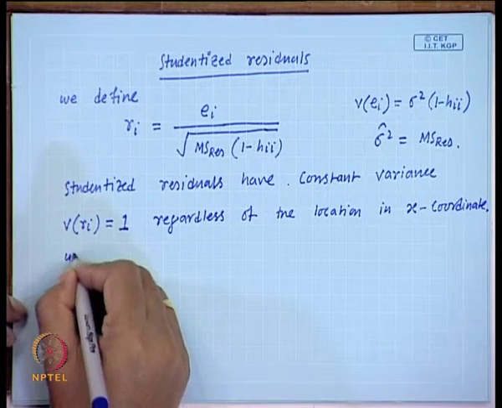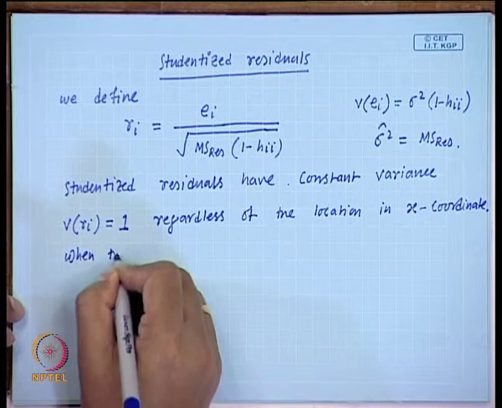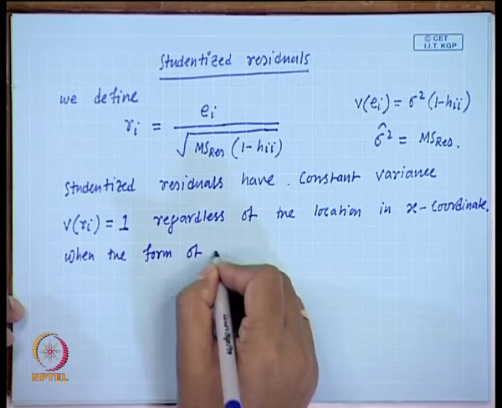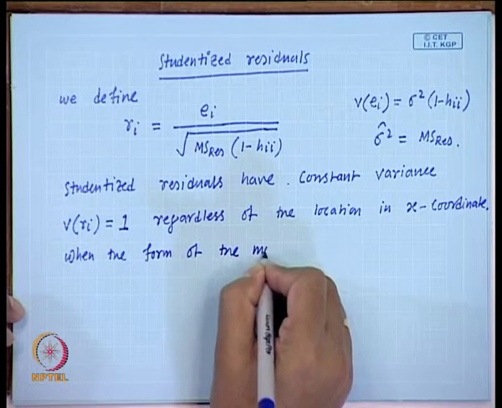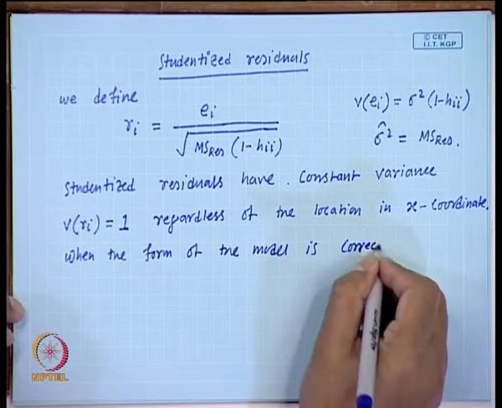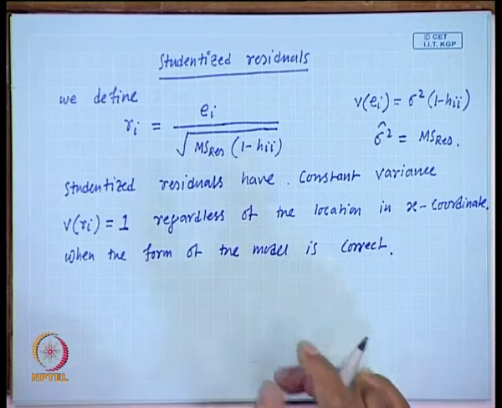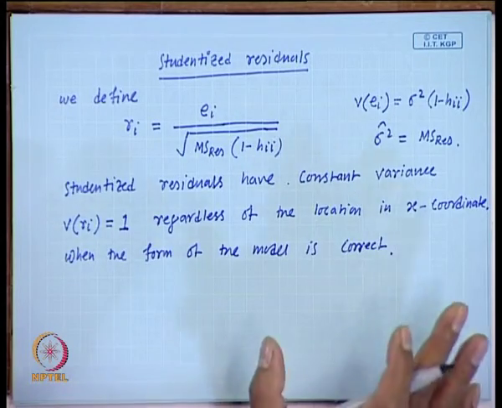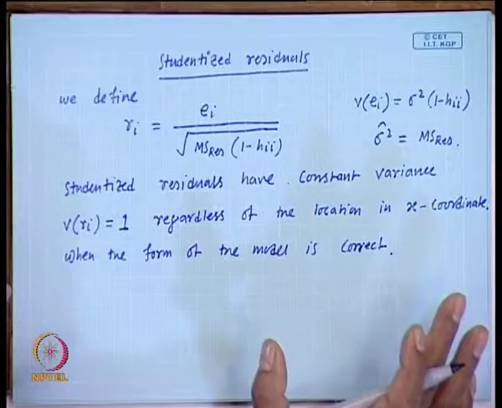Of course, when the form of the model is correct. So, this is one scaled residual.